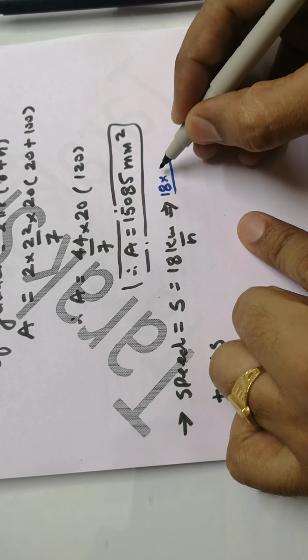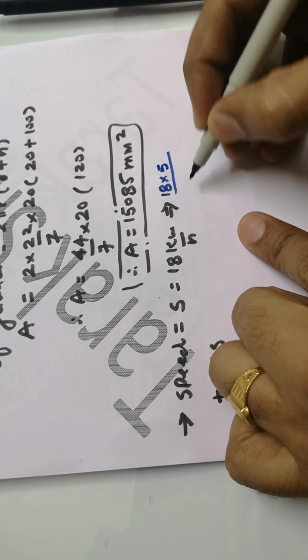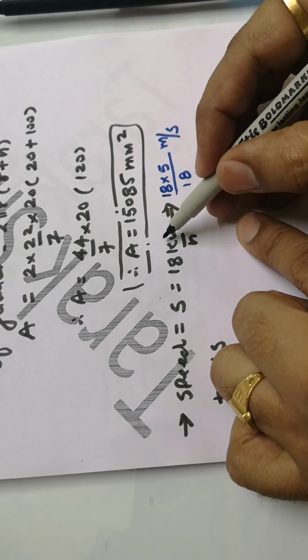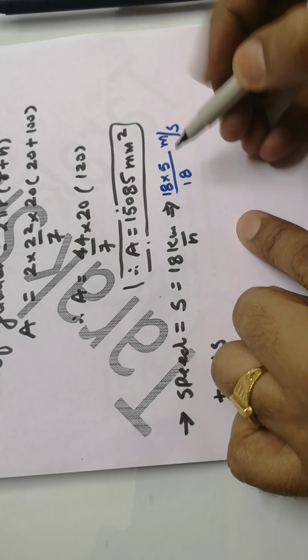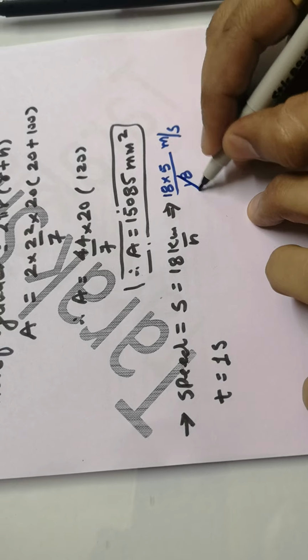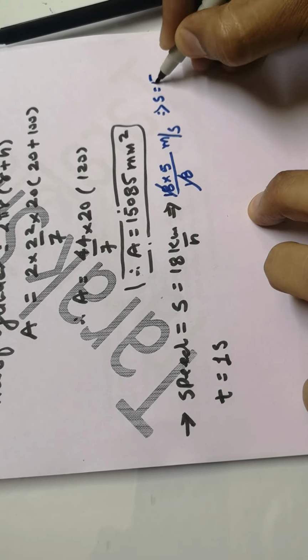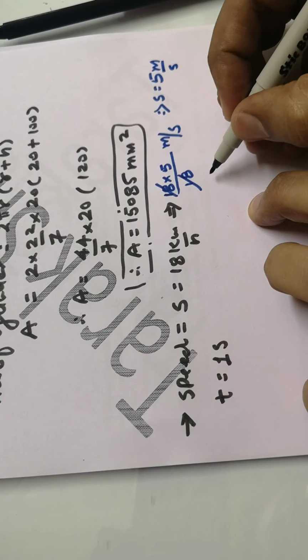directly you can say 5 divided by 18, that will convert your kilometer into meter and hour into second. So you can have your speed s equals 5 meter per second.